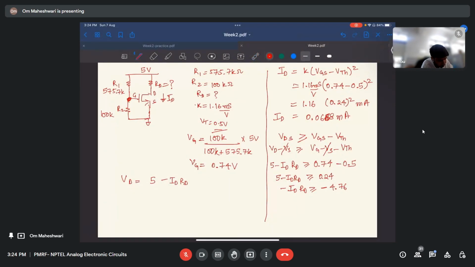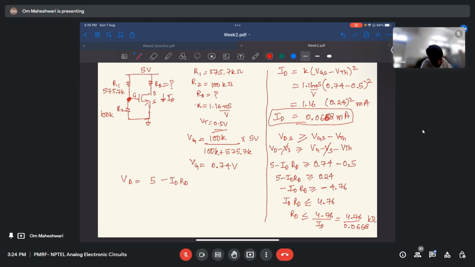So if we multiply this by minus 1, the sign will change, right? ID RD is less than or equal to 4.76. So RD should be less than or equal to 4.76 by ID. It is 4.76 by, this is the ID, 0.0668. It will be kilo ohms because it is in milliamps, right?